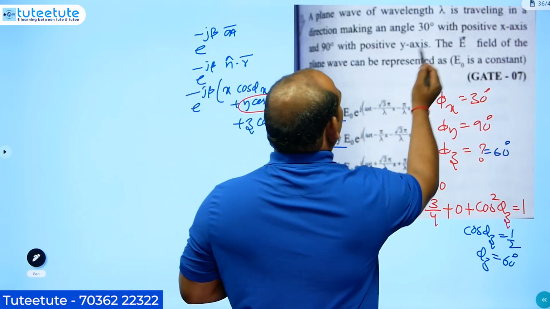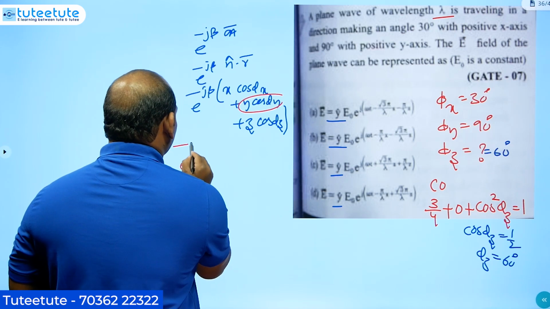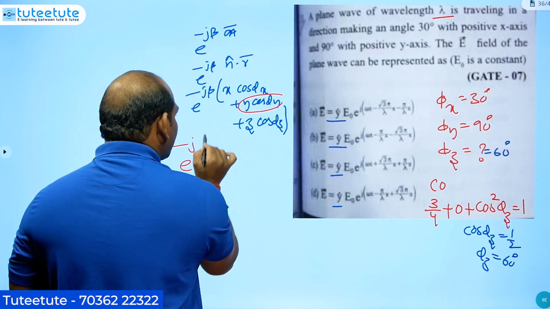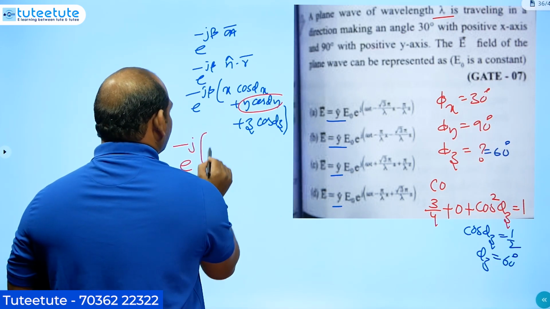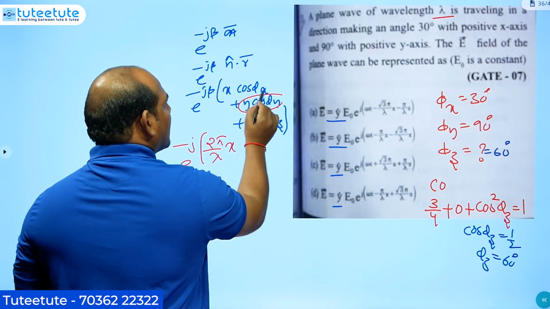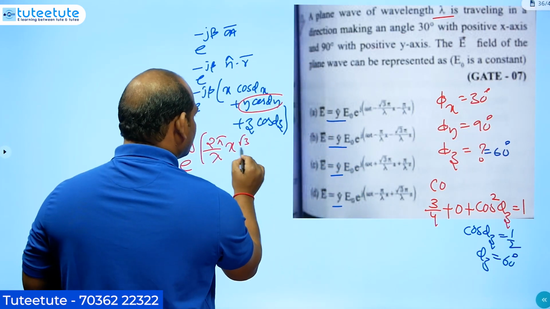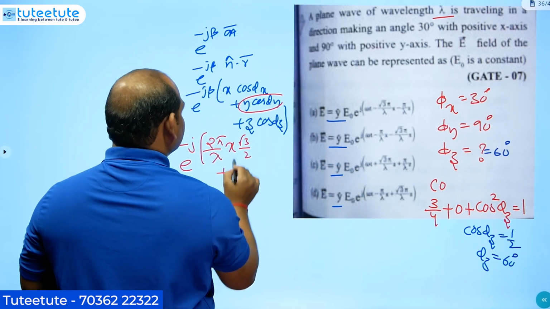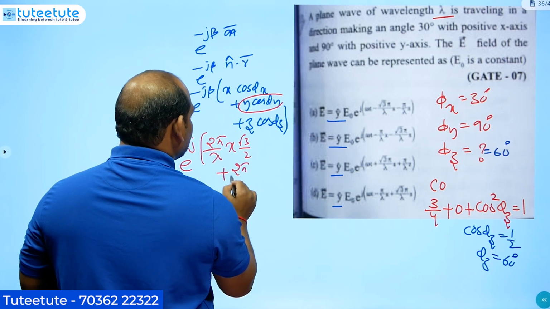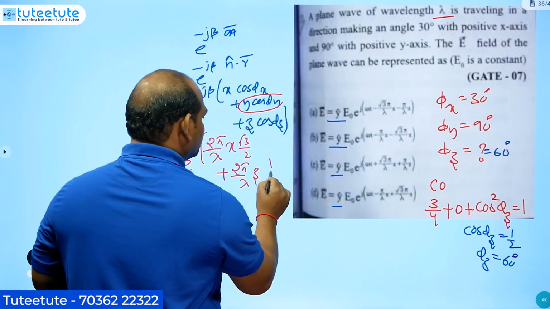Now you can calculate. They have given the wavelength as lambda, so we can directly utilize this expression. So e power minus j, 2 pi by lambda, x cos phi x, that means cos 30, root 3 by 2, plus z, with beta 2 pi by lambda, z cos 60, that is 1 by 2.